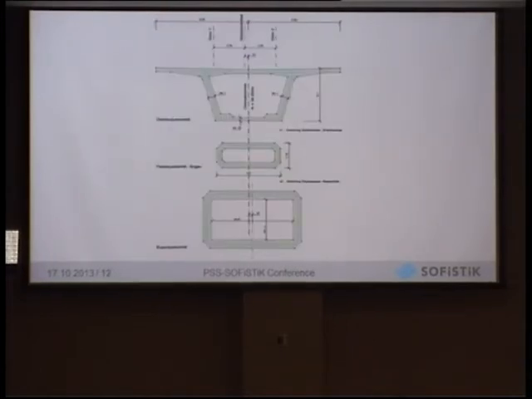Here you see the effects. So that's a section in the middle, more or less in the middle of the bridge. So what we see, what's happening is that we have the cross section, we have the axis of the superstructure. We do have a different track. So you see the track already has an eccentricity towards the center of gravity.